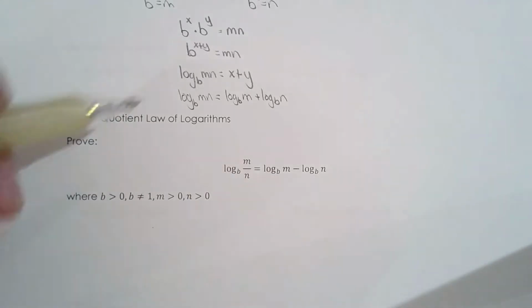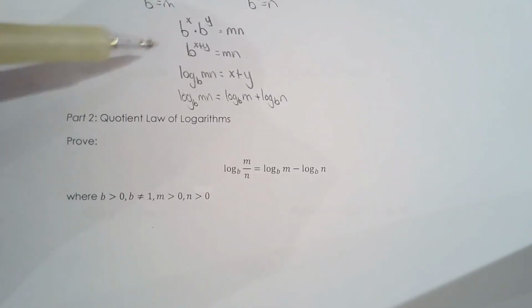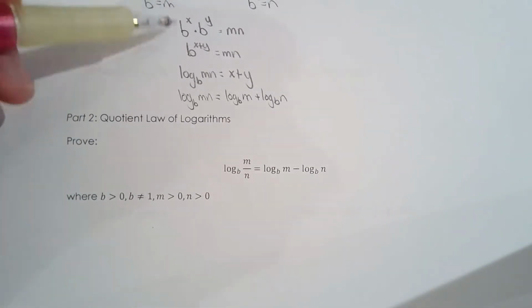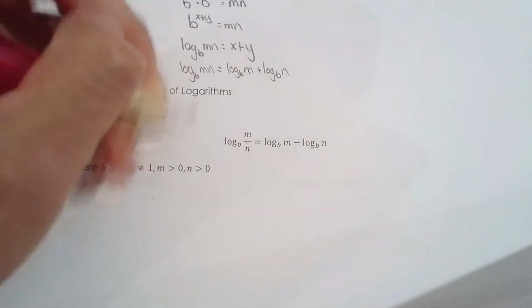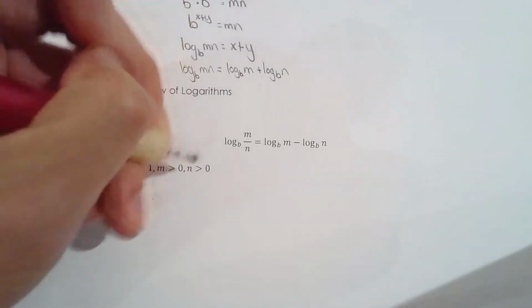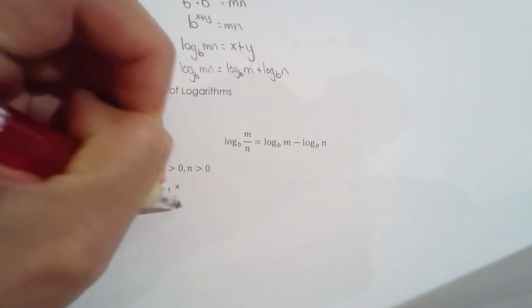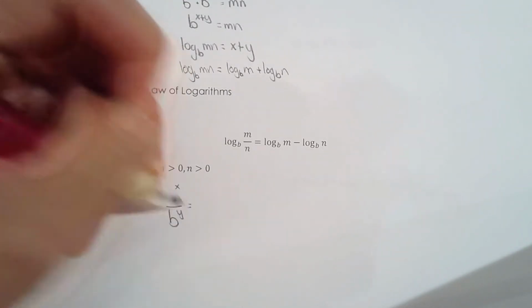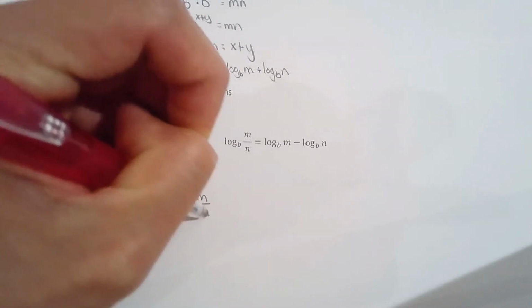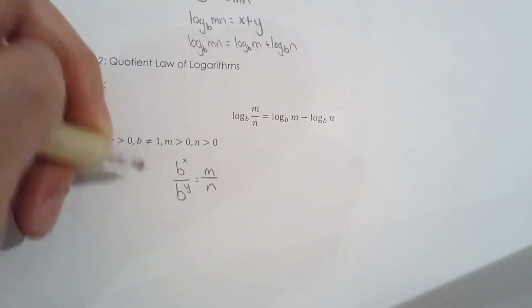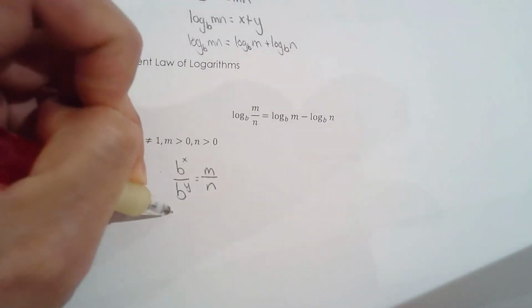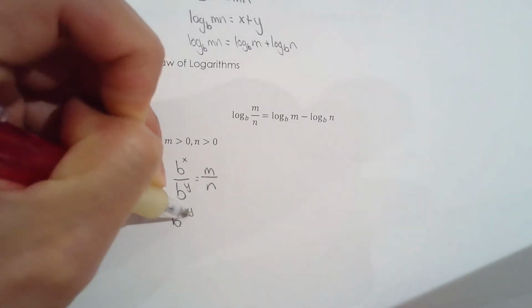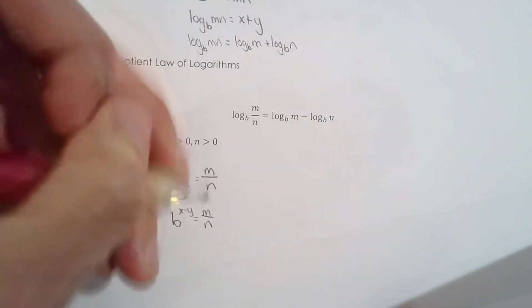So I'm very tempted to not show you the proof because it's pretty much identical to what I just wrote, except instead of multiplying here, I'm dividing, but I'll write it nonetheless. I'll skip the step because x and y is still the same. So I'm going to write b to the x over b to the y, which is equal to m over n. And funny enough, again, you use the quotient law of exponents to prove to yourself the quotient law of logarithms. Isn't that nice?